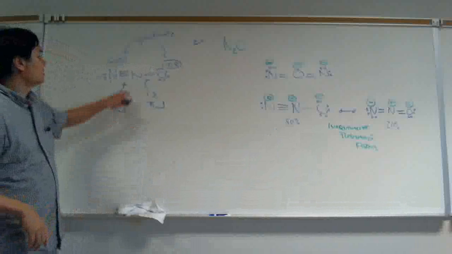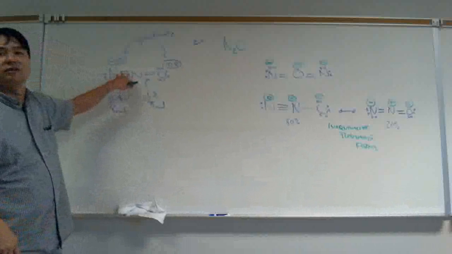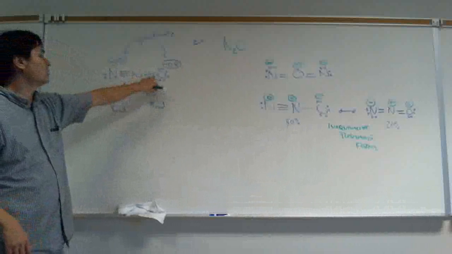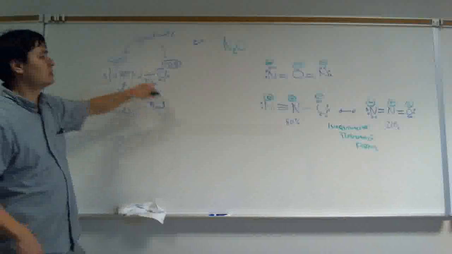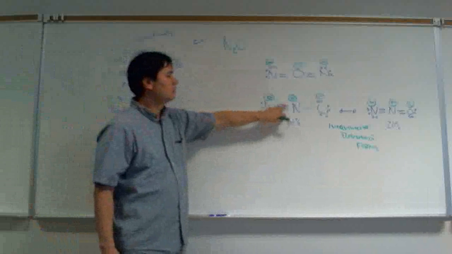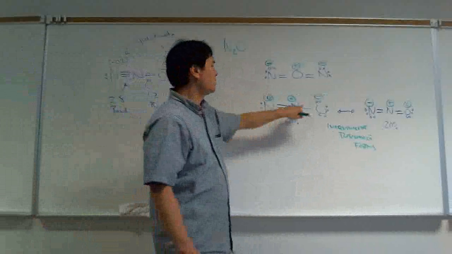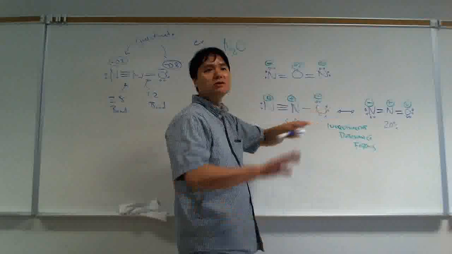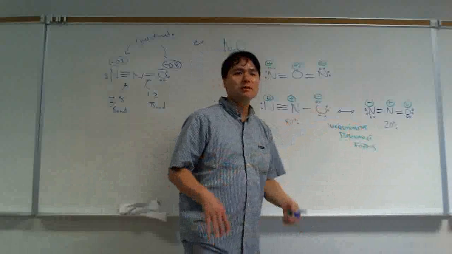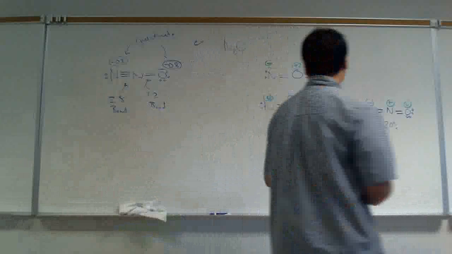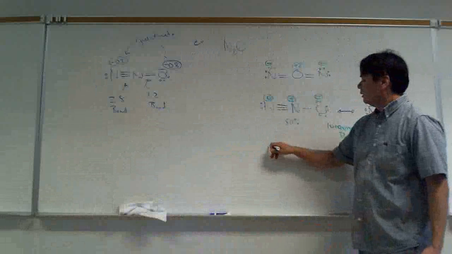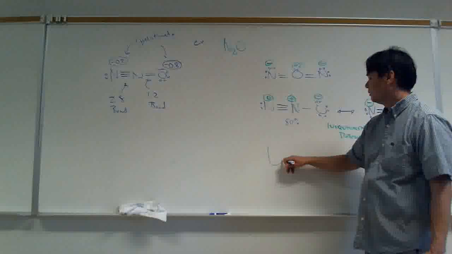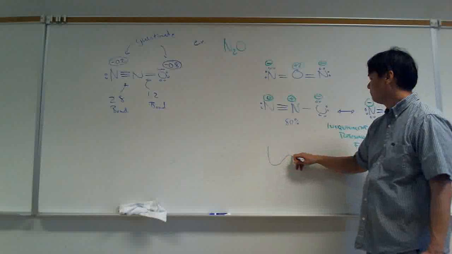The bonding electron density is going to spend most of its time in the nitrogen-nitrogen bond, right? And the lone pair is going to spend most of its time on the oxygen. And so it just spreads out unevenly. So this is like an uneven tug. Over here we have a deeper tub.